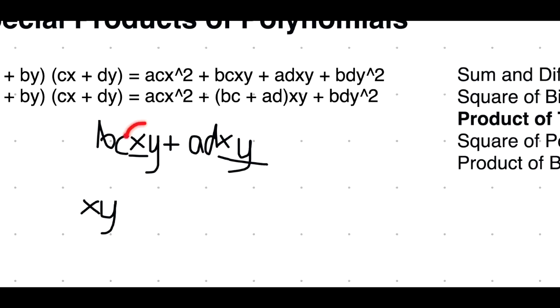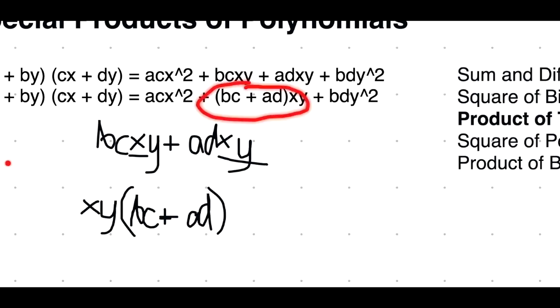So we can get xy, and then rewrite it as bc plus ad, which is what we can see over here. bc plus ad times xy.